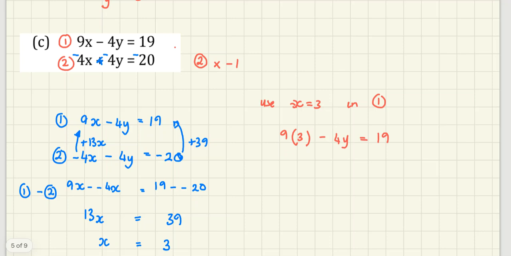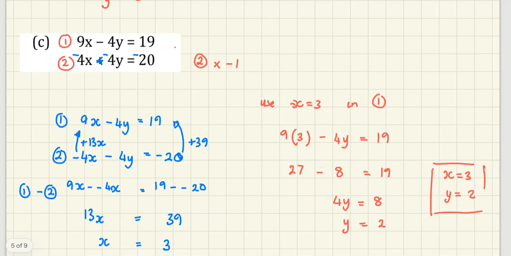So 9 times 3 is 27. 27, good. 27 subtract what equals 19? 8. Therefore, 4y's has to equal 8, which means 1y has to equal 2. So my solution is x equals 3, y equals 2, if I write my equation clearly.